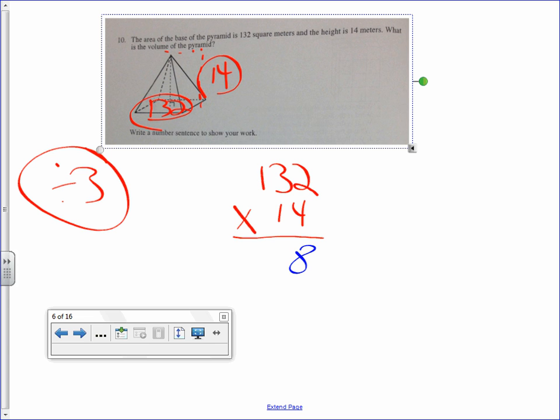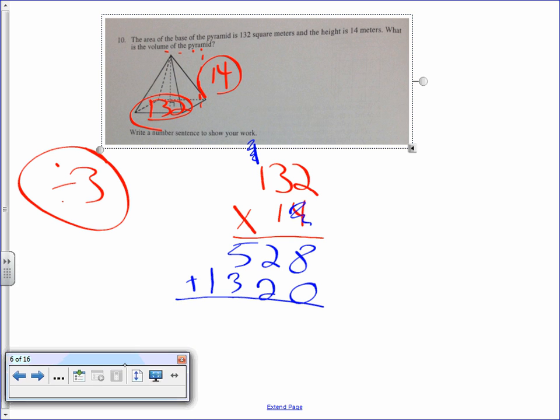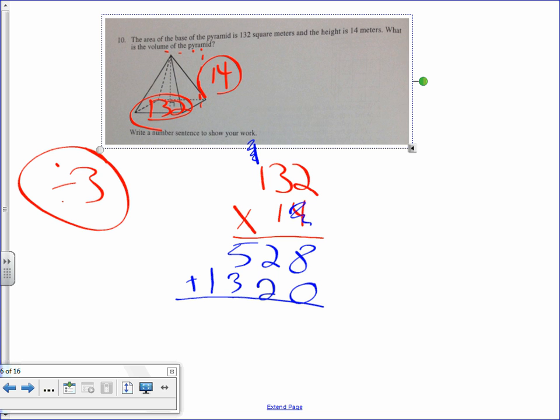4 times 2 is 8. 4 times 3 is 12. 4 times 1 is 4, plus 1 is 5. Get rid of this 2. Place value holder. 1 times 2 is 2. 1 times 3 is 3. 1 times 1 is 1. Add them up. 8 plus 0 is 8. 2 plus 2 is 4. 5 plus 3 is 8. 1.